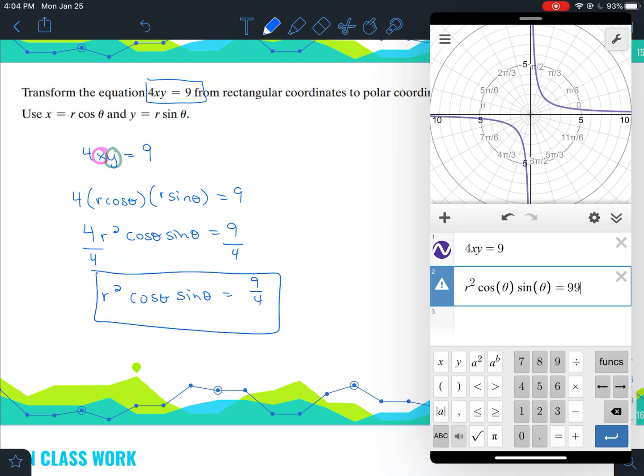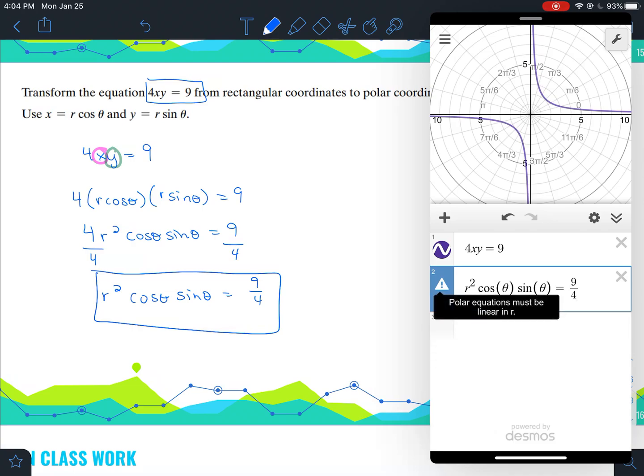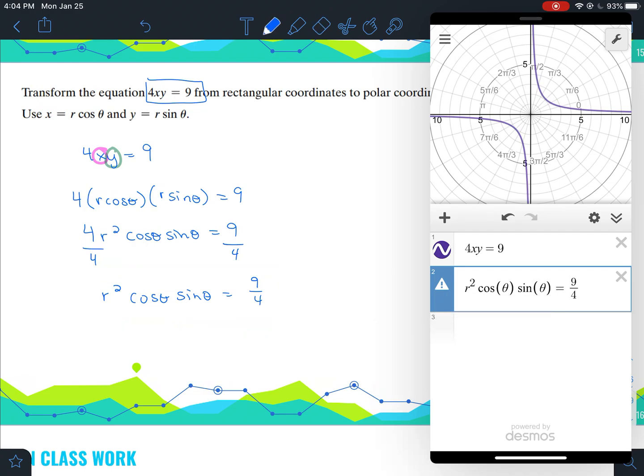Oops. Polar equations must be linear. Okay, so Desmos doesn't want us to graph that.